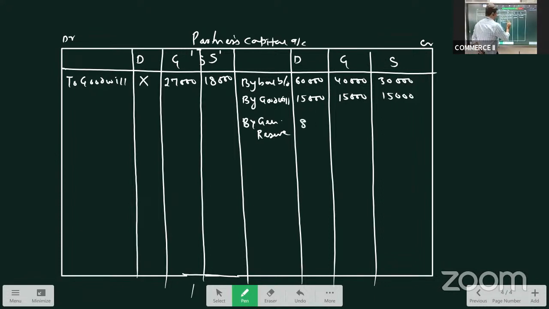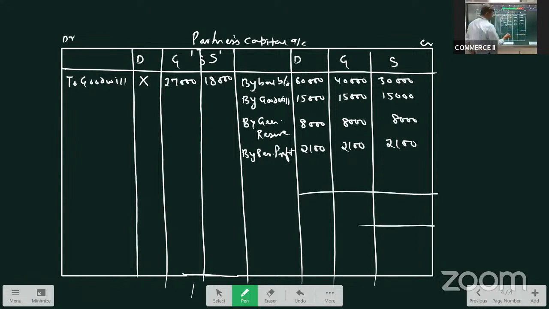So each one will get 8,000, 8,000, 8,000. 8 threes are 24. Then revaluation profit. We prepared revaluation account, no? And we got a profit of 6,300, which was distributed equally to 3 of them, which comes to 2,100, 2,100, 2,100. Now let us close this.